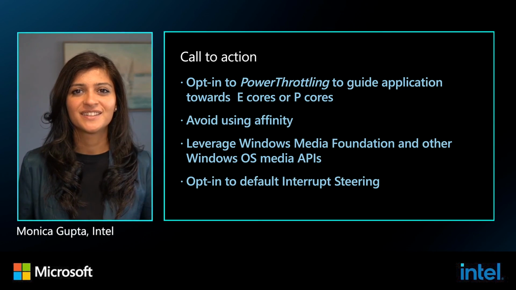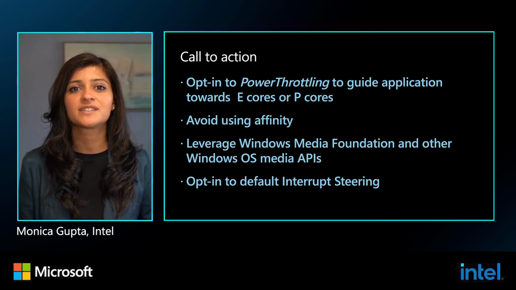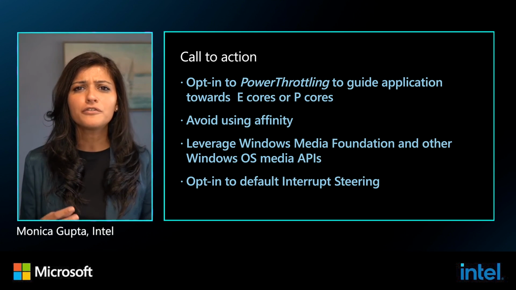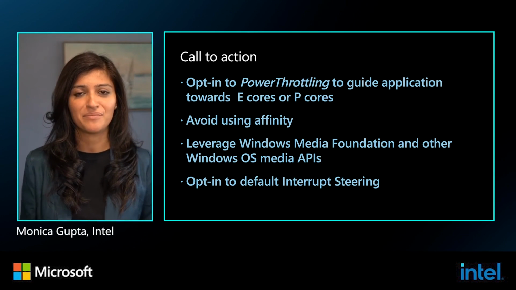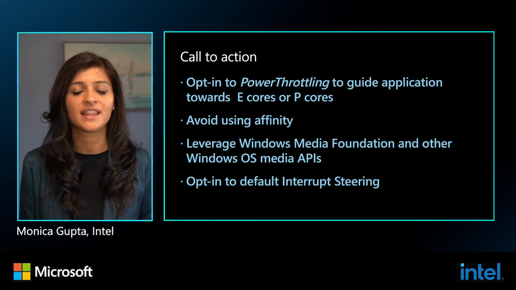Thank you, Tristan. This is really exciting, and it is great to learn how Windows identifies quality of service needs of different threads and provides powerful tools like power throttling APIs and Windows Media Framework for the software ecosystem to influence that identification.